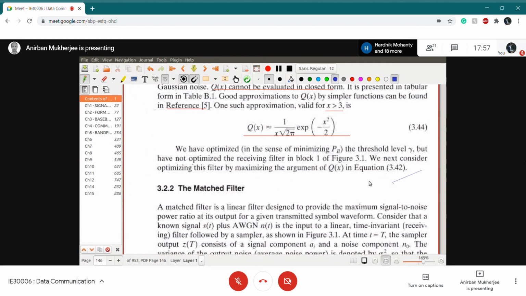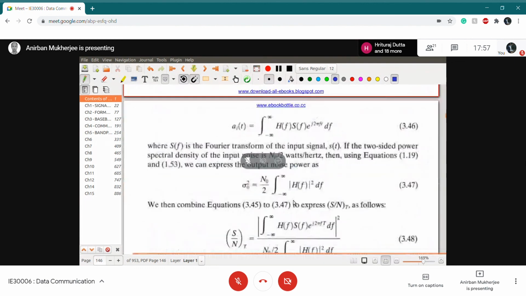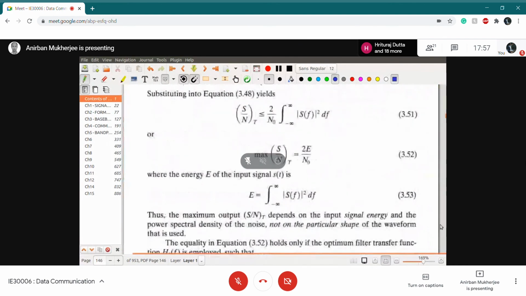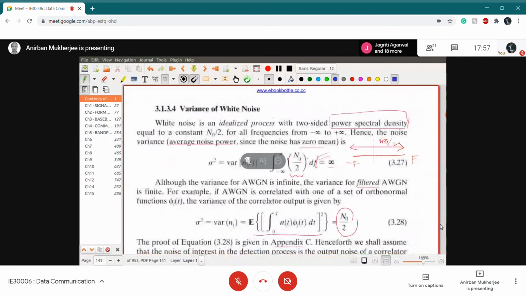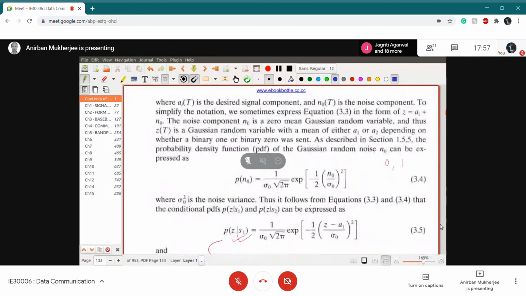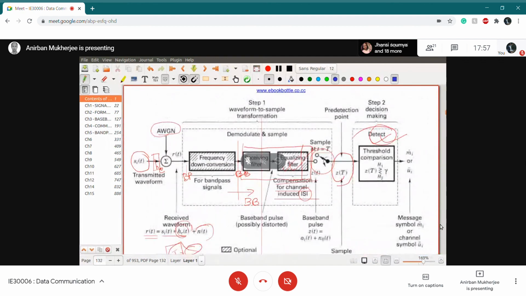Now for the scheduled test, again we'll go to the matched filter. If you can remember why the matched filter suddenly came into the picture, that is what we'll talk about here: where the matched filter is required. The matched filter, and the equalizing filter as the receiving filter, we'll study those things after that.